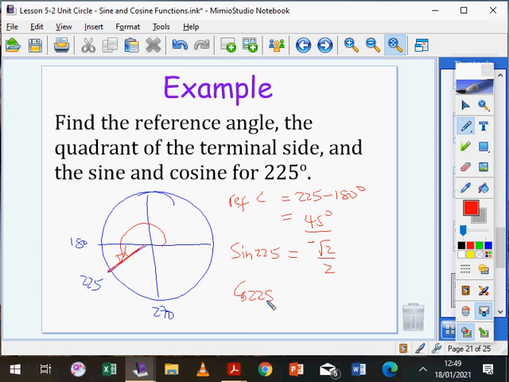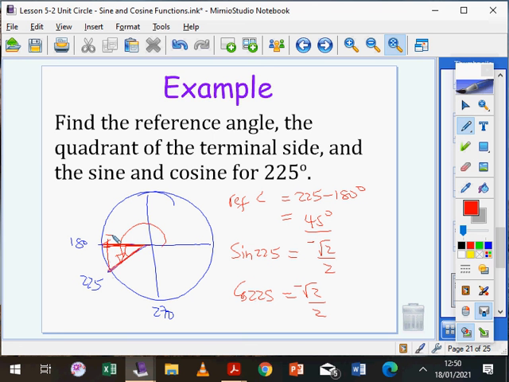And the other thing that can help you is if you look at the x value of this point, drawing it outside, this x value is going in the negative direction, right? And since the x value is going in the negative direction and cosine is the x value, then you expect the cosine to be negative.